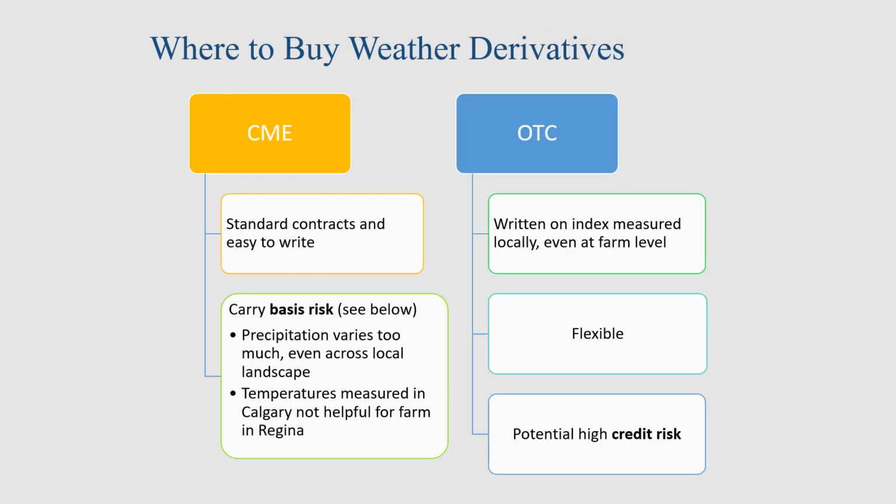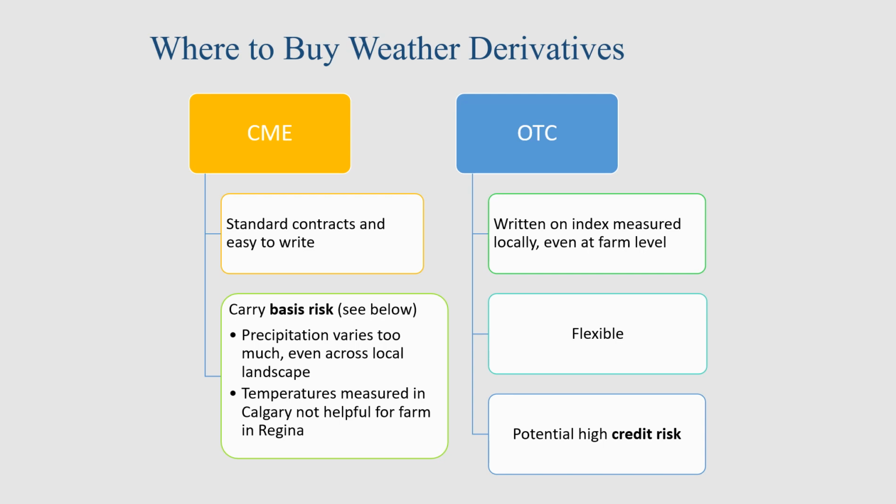So where can one buy weather derivatives? Well, one place is to buy a standard contract that's easy to write from the Chicago Mercantile Exchange. The problem is that this carries basis risk, which we'll discuss further below. Precipitation varies too much, even across a local landscape, and temperatures are measured in Calgary, where the product is based.